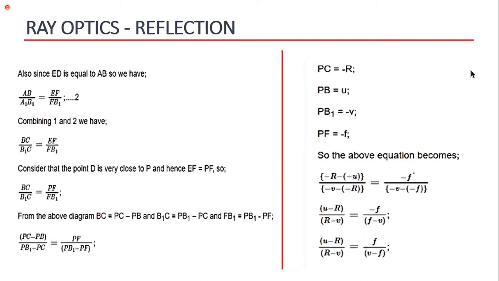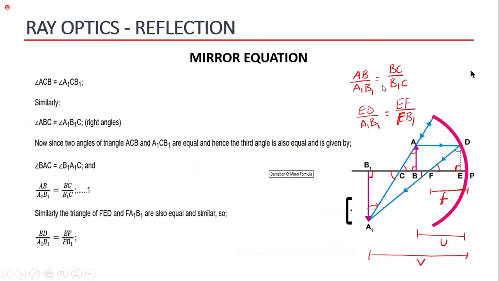I'm going to rewrite it: BC divided by B1C will be equal to PF divided by FB1. Clear? Right? So now, what is BC?